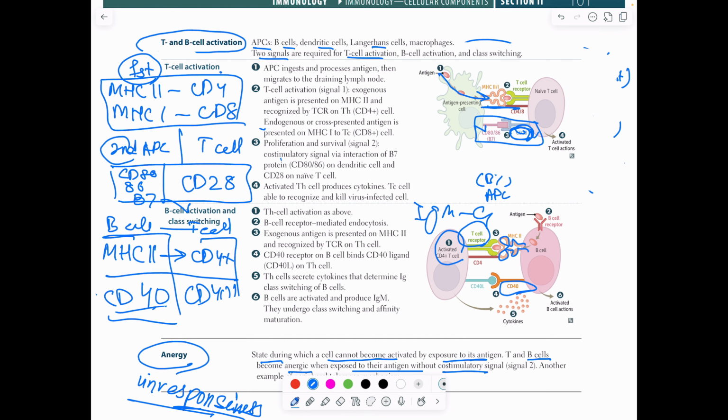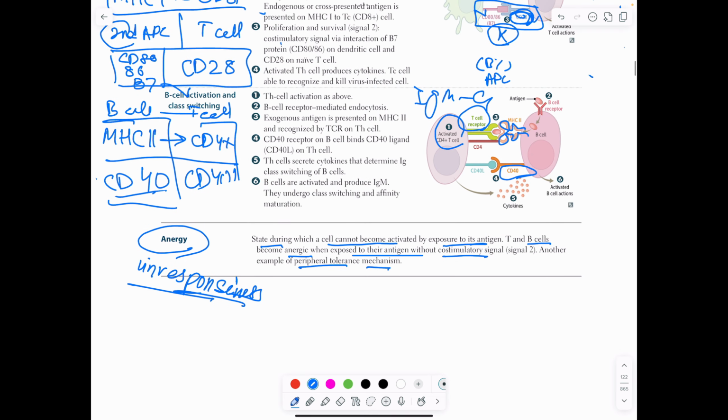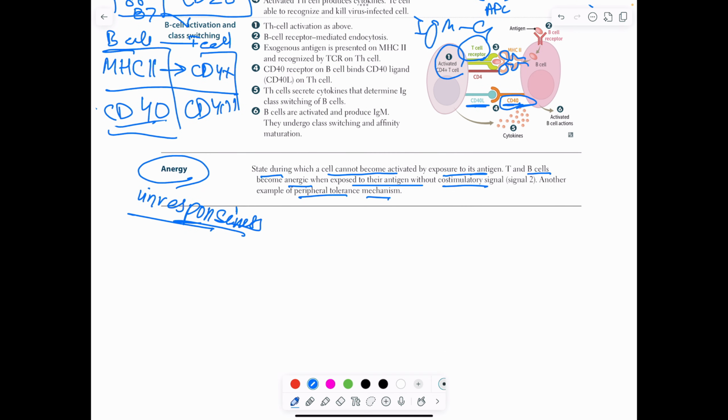If that signal is not there, then the T cell and B cell are not going to activate. And for the B cell, there is CD40 ligand with CD40. Anergic lymphocytes are unable to mount a normal immune response, such as proliferation, cytokine production, or cytotoxic activity upon encountering their specific antigen.